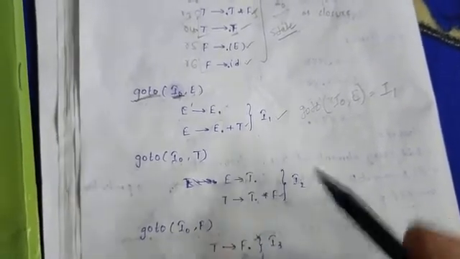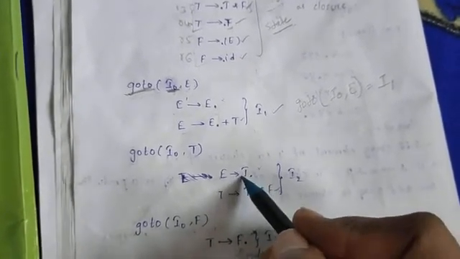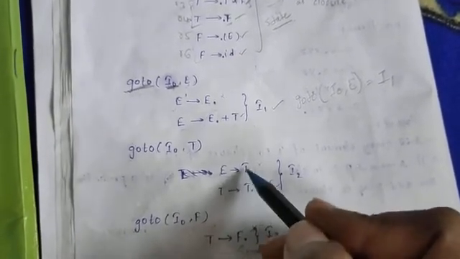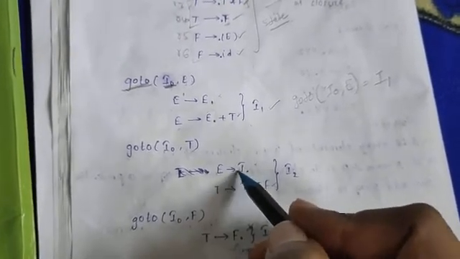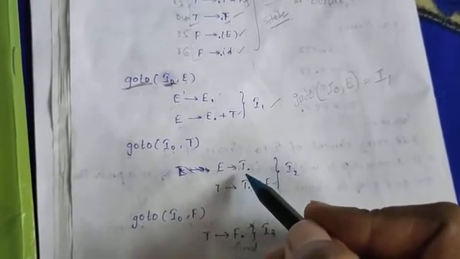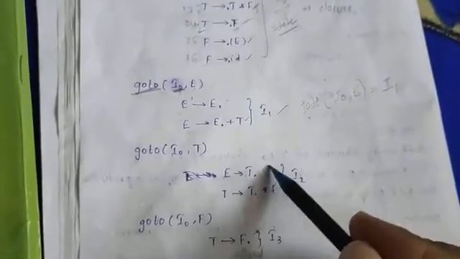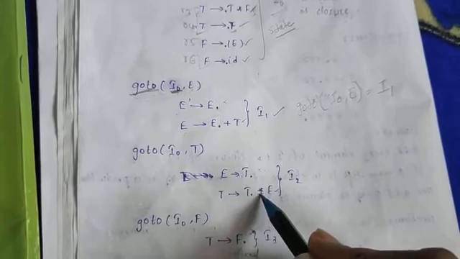Okay, so here in these productions we are not replacing T productions. Why? Because the dot should not be before T, the dot should be after T. So there is no replacement of type E tends to E plus T implemented here. Like that, here also the dot should be before a terminal.